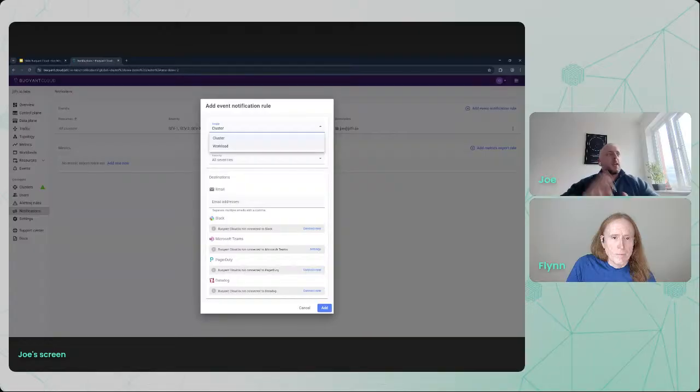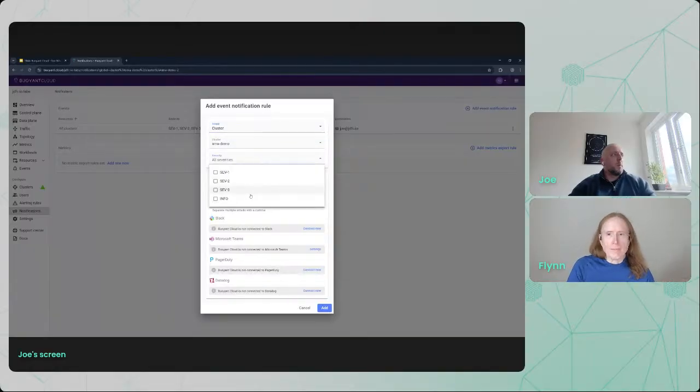My non-critical apps can be set so I only want notifications for sev ones, but for prod applications, I want every severity. I want to know whenever something happens. And that's where we set those severity filters. We've got email notifications, Slack, Teams, PagerDuty, and Datadog. So you can go through the wizard of each one and set some notifications up there.